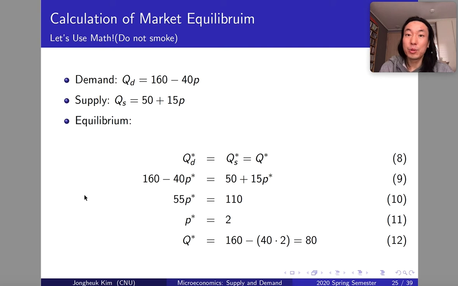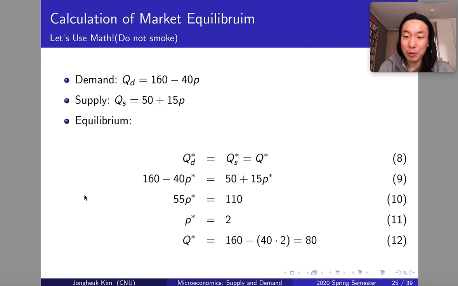But if you don't define Q star, then you have three unknown variables, the QD, the QS, and the P, but only two equations, so you cannot solve for QD or QS or P. But by applying our economic knowledge, we can reduce the number of unknown variables to two, the Q star and the P, and you have two equations. So you can solve for the Q star and the P, or now it is defined as the P star, because the equilibrium price is simply the price level where equilibrium quantity exists, right?